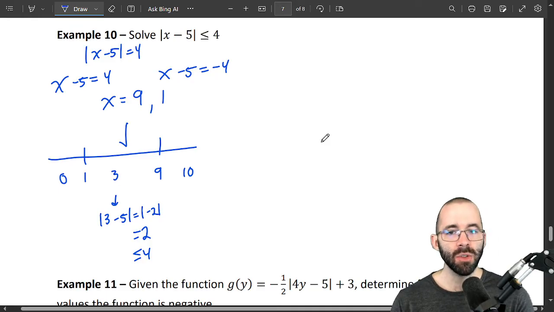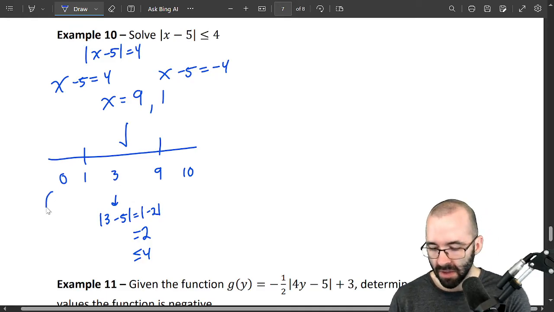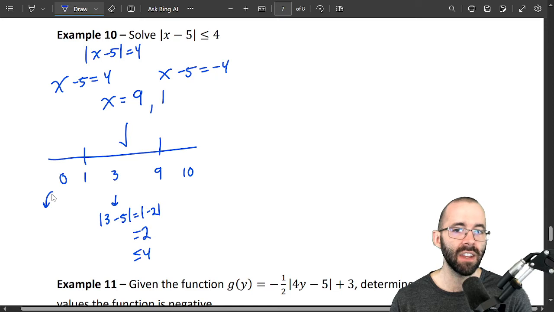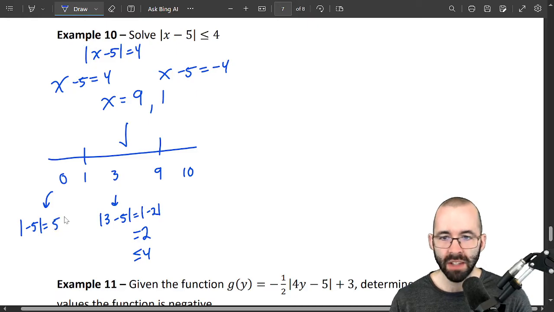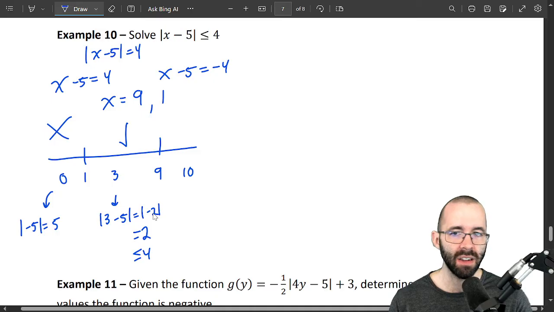If you really wanted to double check your answer, you can make sure that it doesn't hold true for the outside. If we plug in 0, we get the absolute value of -5. That's +5. +5 is not smaller than 4, right? So this part of the interval is not okay.